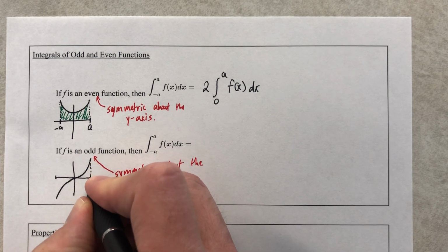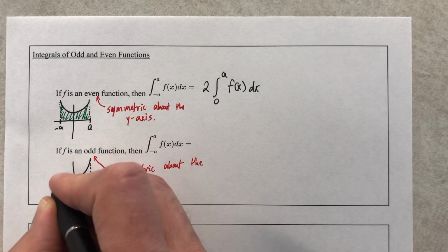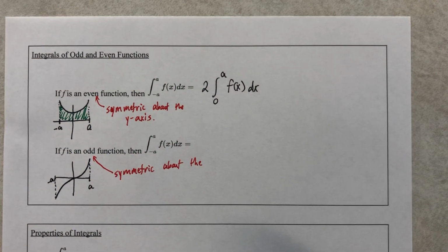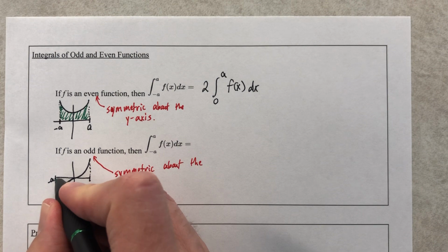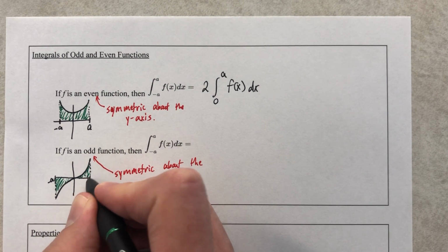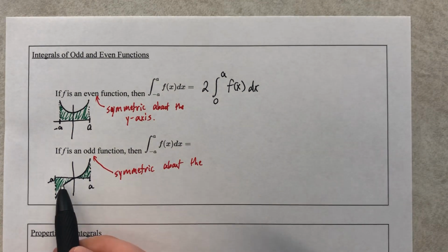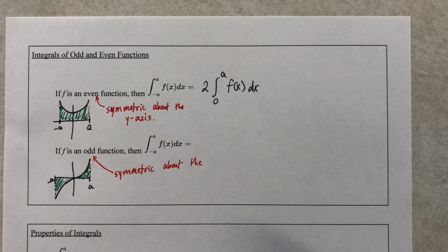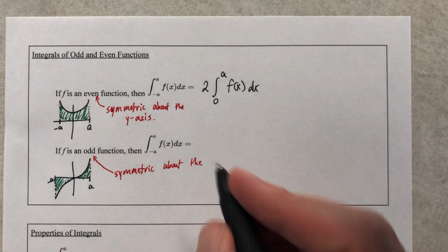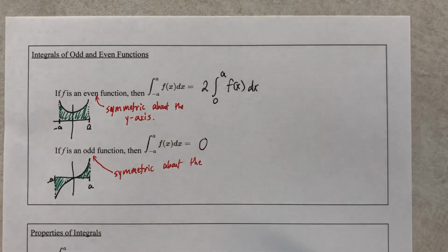And we'll draw it from negative a to positive a. And we can fill this in here, and this in here. And if I drew it right, then this area would equal that area in a real area, positive area sense. But because this one counts as negative and this one counts as positive, then that's pretty easy.